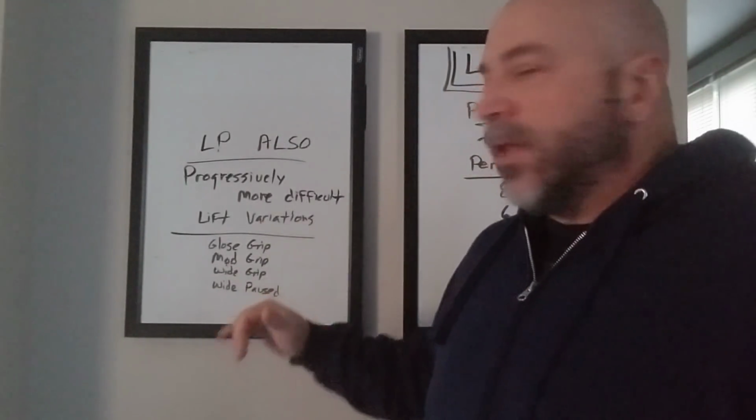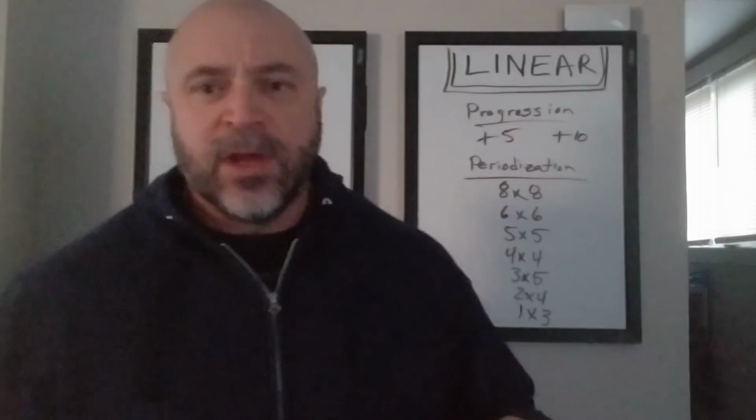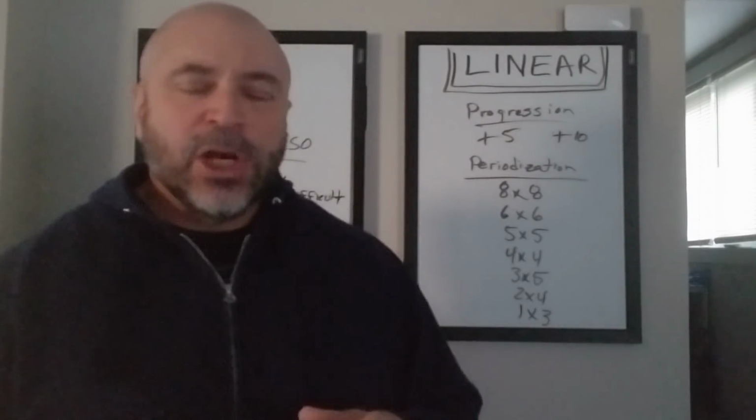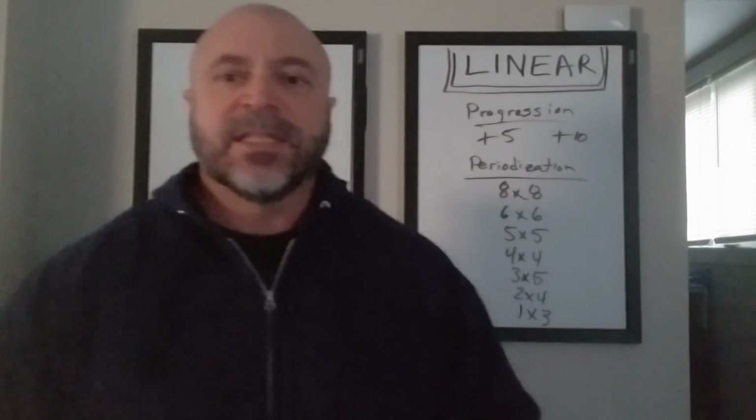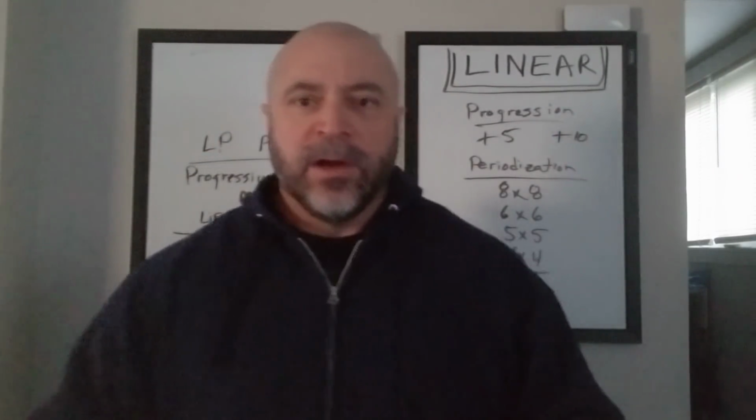So it's getting a little bit more difficult. The weight's getting a little bit heavier over time, so you have an increase of intensity or heavier weight over time. So that's a second example of linear periodization.